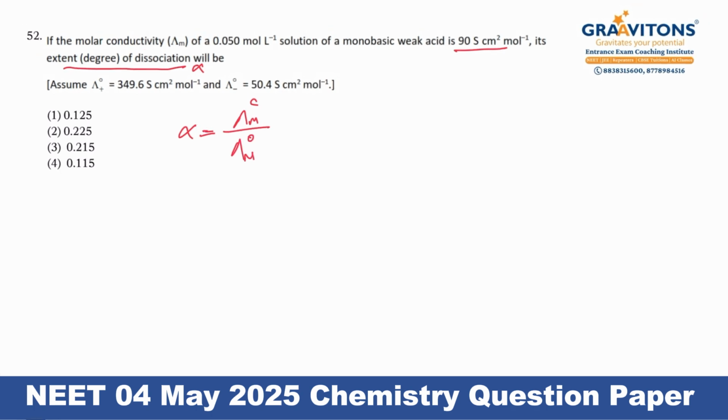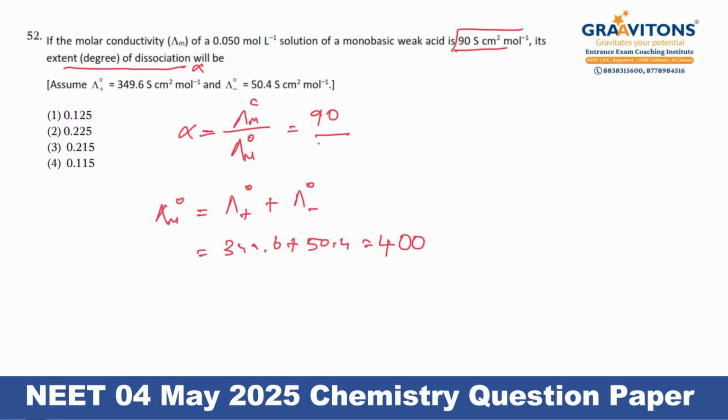Lambda m at the particular concentration is given directly, which is substituted as 90, but we need to calculate lambda m naught. Lambda m naught is equal to the sum of the anion and the cation conductances at infinite dilution, which gives you 349.6 plus 50.4, that is 400. Now substitute 400 here, and the value you will get is 0.225. So the correct option is option 2.